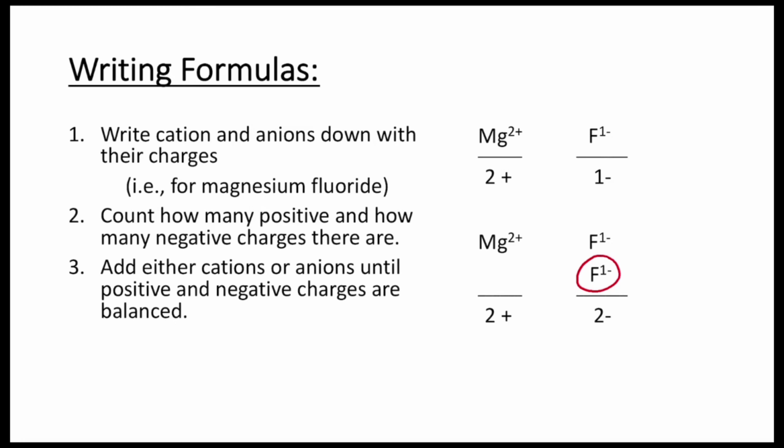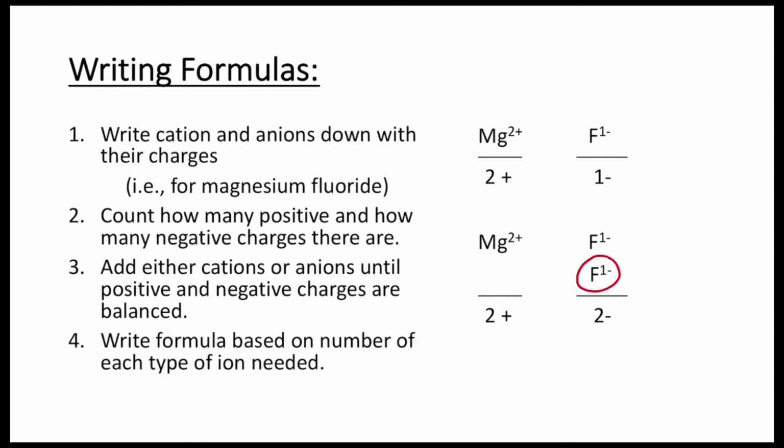So if you add -1 and -1, we get a -2 charge. So this is now balanced. Write the formula based on the number of each type of ion you need. So this is where we have used 2 fluorines to balance that 1 magnesium.